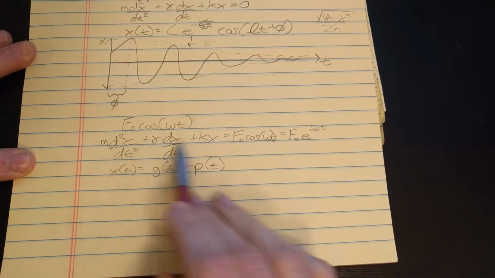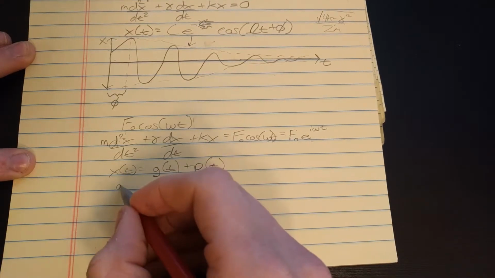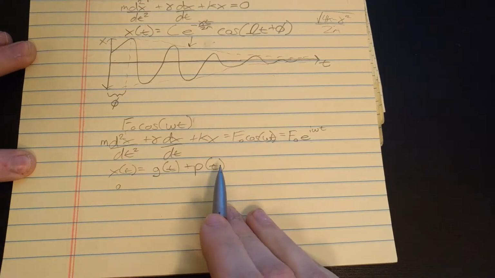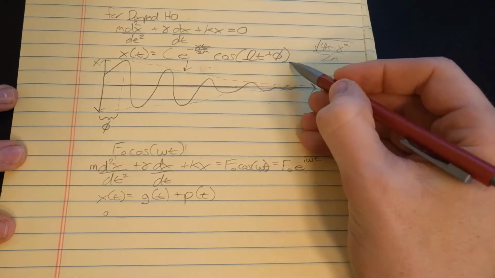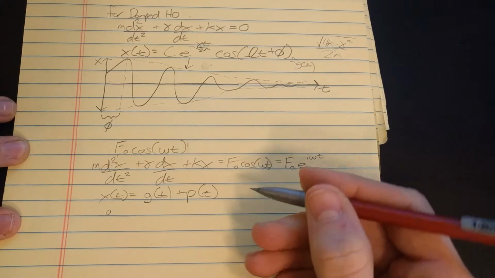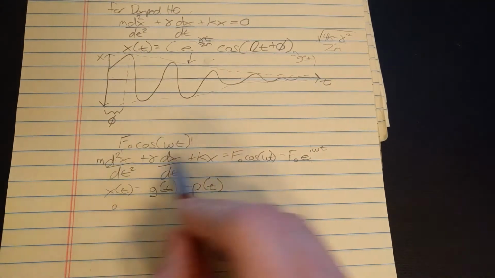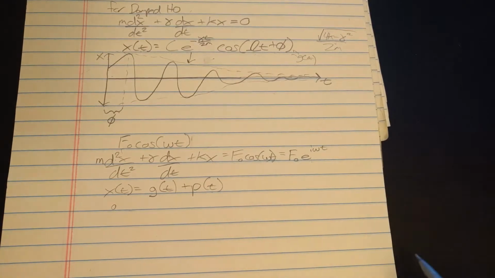A particular solution to this equation. Now, the equation that we found, well, I already set it up here. So basically I'm renaming this thing up here g of t. So what we want to do is find a particular solution that satisfies this equation here.